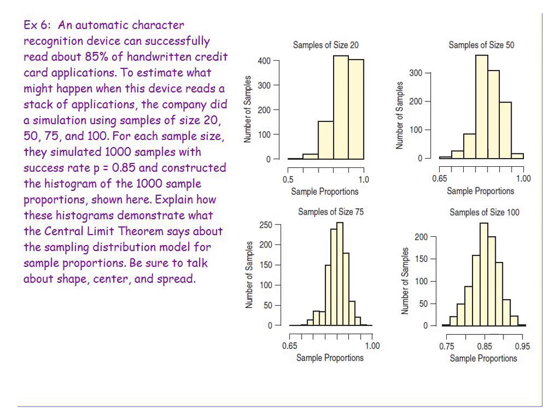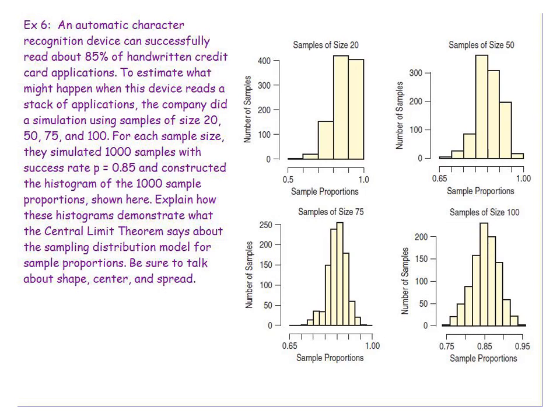For each sample size, they simulated 1,000 samples with success rate of 0.85 and constructed the histogram of the sample proportions that are shown. We are going to explain how these histograms demonstrate what the central limit theorem says about sampling distribution models for sample proportions.